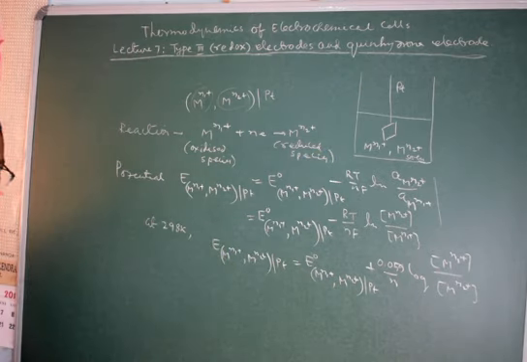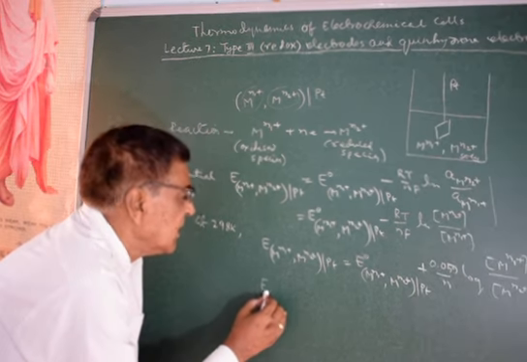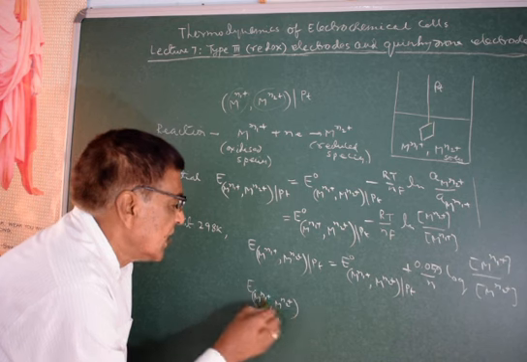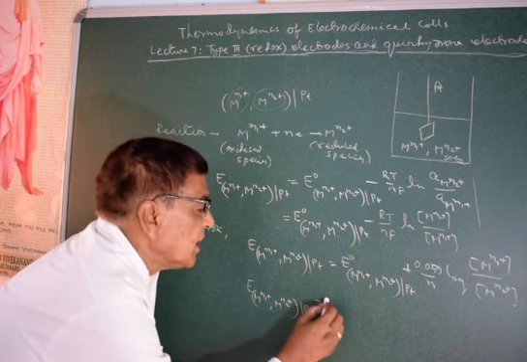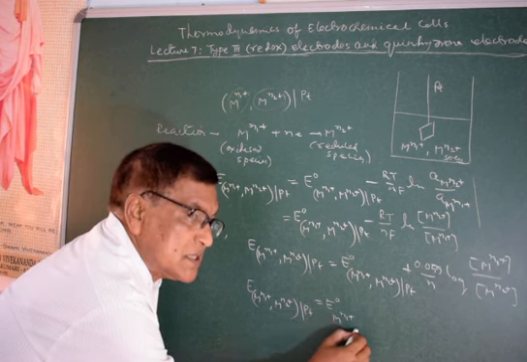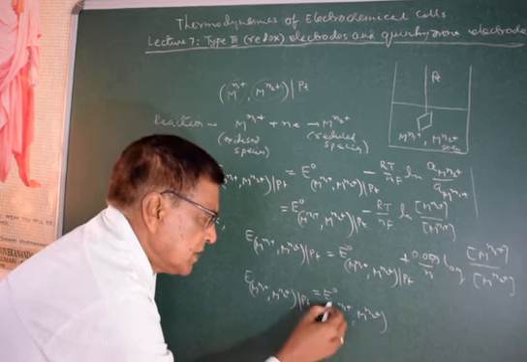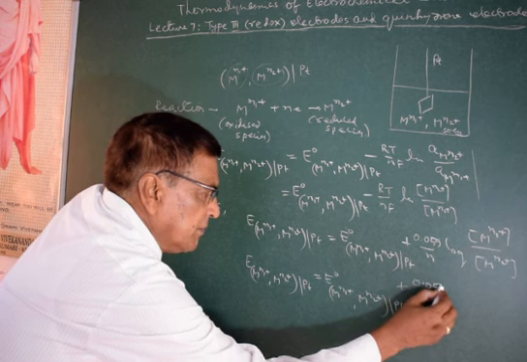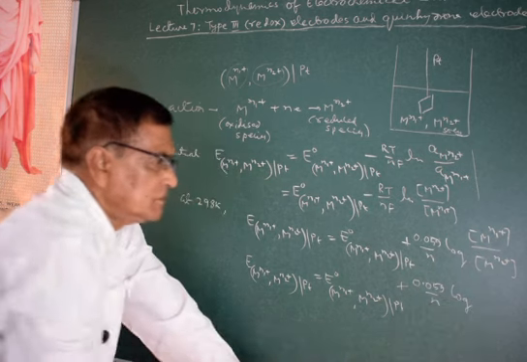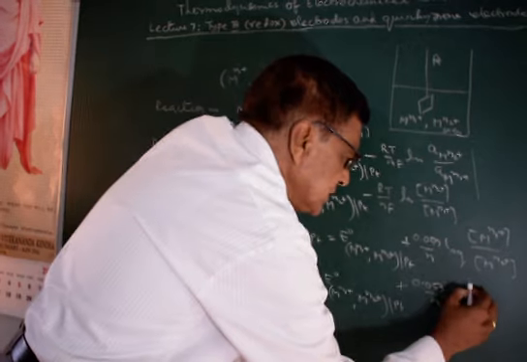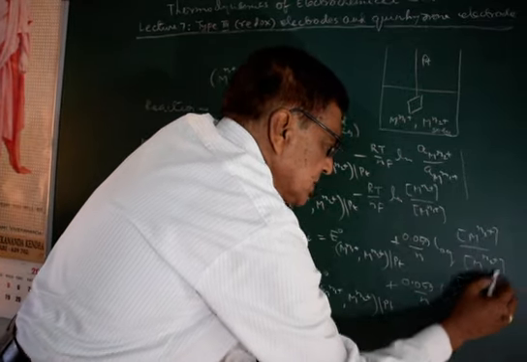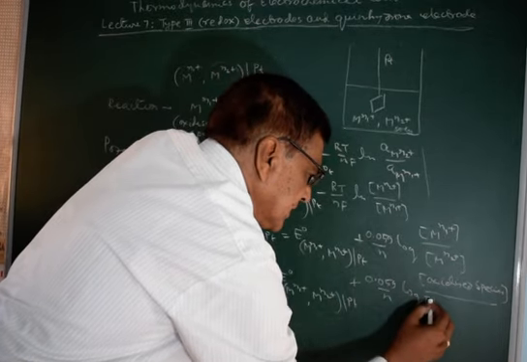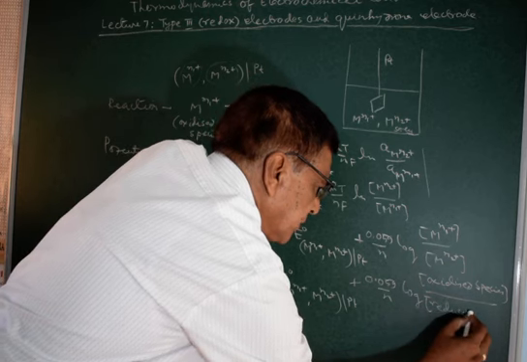So I can write E of N1+, N2+ and the platinum plate equals E naught of N1+ and N2+ in solution and platinum, plus 0.059 by n log of the oxidized species in the numerator, and the reduced species in the denominator.